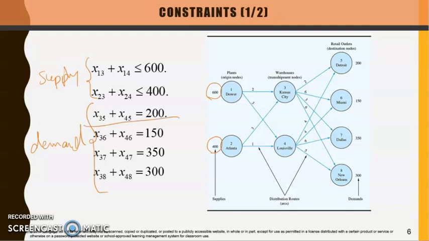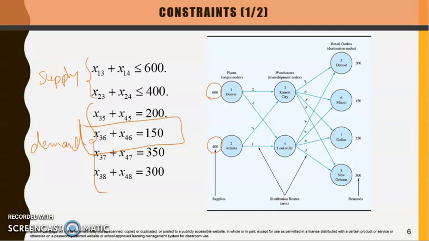So you see x36, x46, where 6 shows Miami, the summation must be equal to 150. Again, we discussed this before, why here it is equal or smaller and here it is just equal.